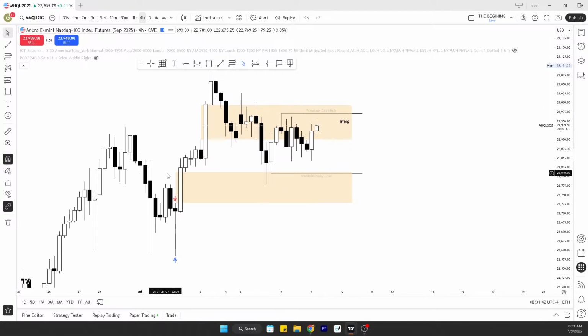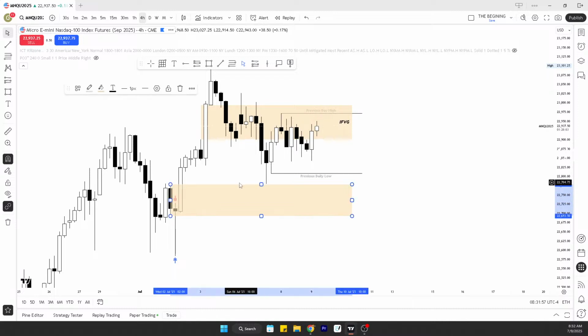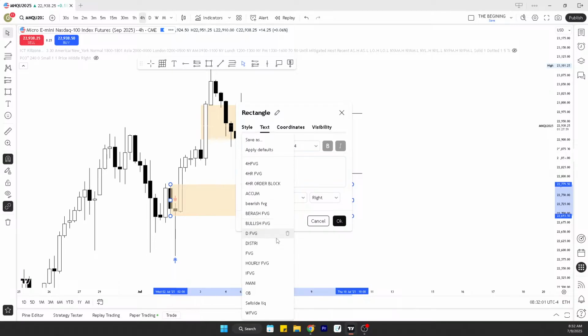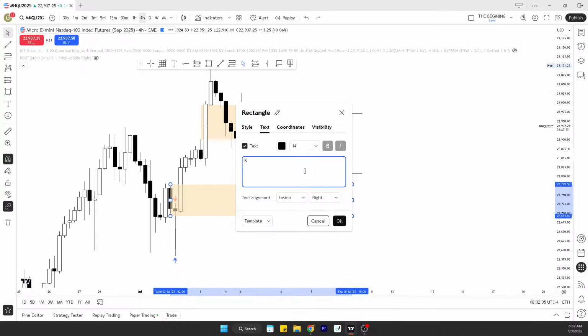It's a low, high, bang. We also got a breaker block right here. So I think I'm just gonna mark off the breaker block instead of the actual breaker block candle right here. But we tapped into this fair value gap as well. So let's put breaker. Do I got breaker on here? I don't have breaker on here. So let's do breaker. What color we gonna do breaker, y'all?